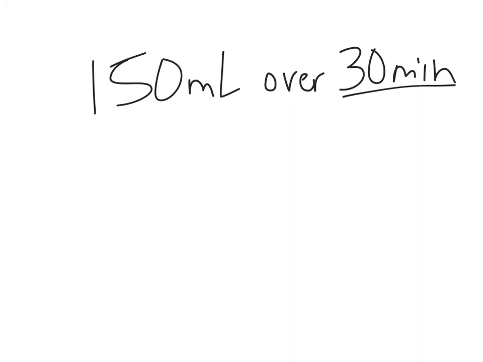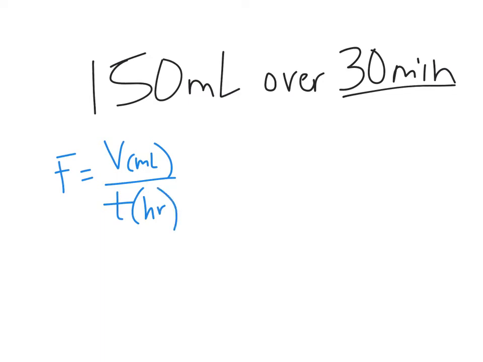Because remember, our flow rate formula says that we need a volume in milliliters, and we need to divide by our time in hours in order to get that milliliters per hour that I'm looking for. If I were to take these two right now and plug that into the formula, 150 milliliters divided by 30 minutes would tell me how many milliliters they're getting per minute.